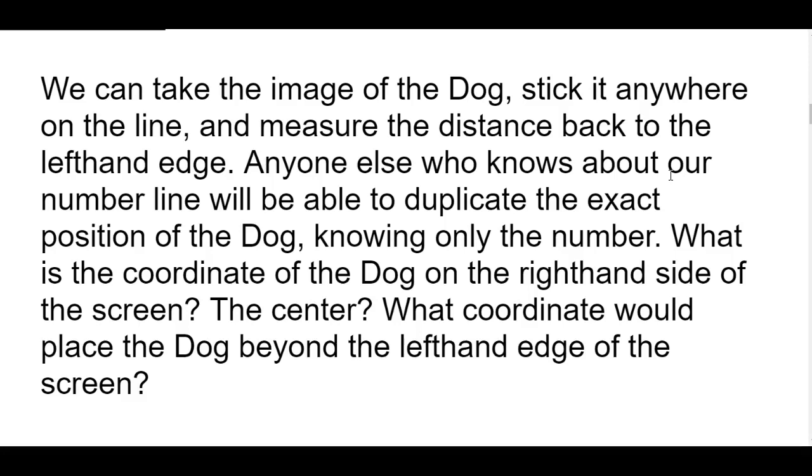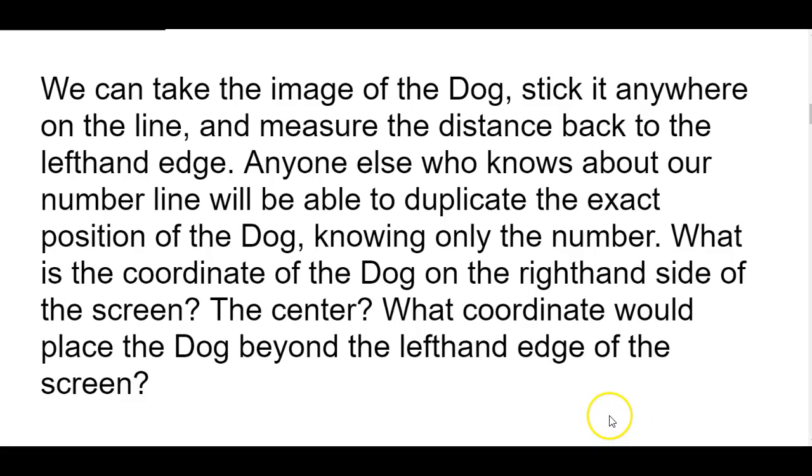knowing only the number. So if you had the dog, and you set the dog, let's say it was set right here, well, remember the distance is from the left corner, so we'd go 0 out here, 100 out here, 200 out here, 320, 400, maybe that's around 500 or 520, somewhere around here.